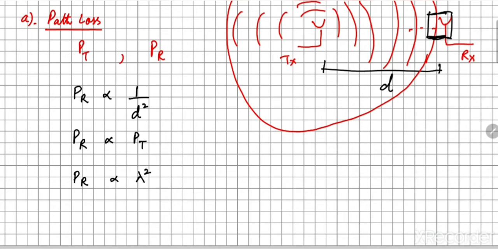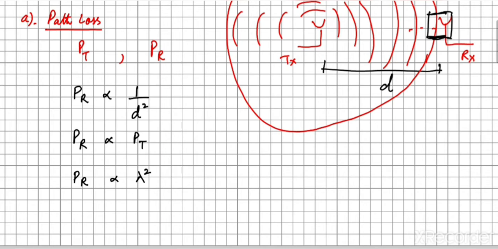This is under the assumption that the receive antenna also changes its physical dimensions with the wavelength of the signal. If you increase the wavelength, the size of the receive antenna will be bigger and it will be able to capture more of the sphere surface area that reaches the receiver. So PR will be proportional to lambda square.